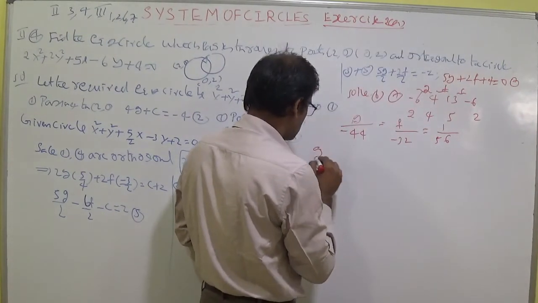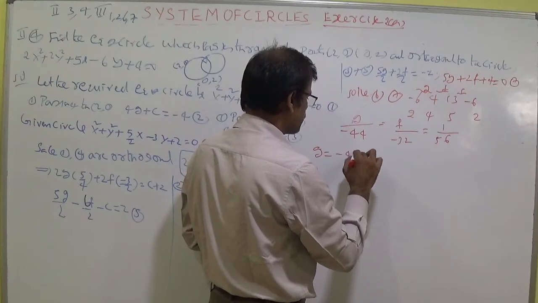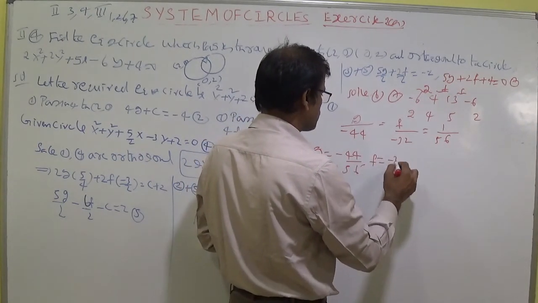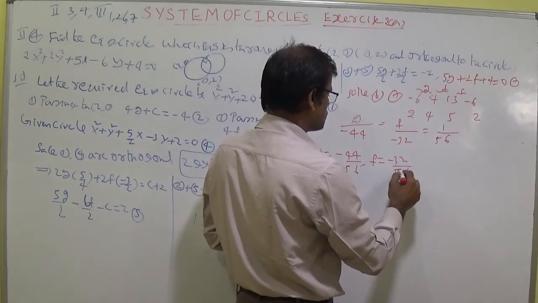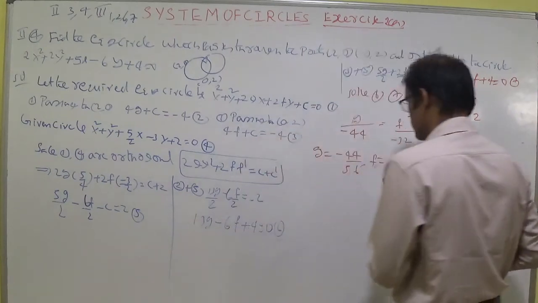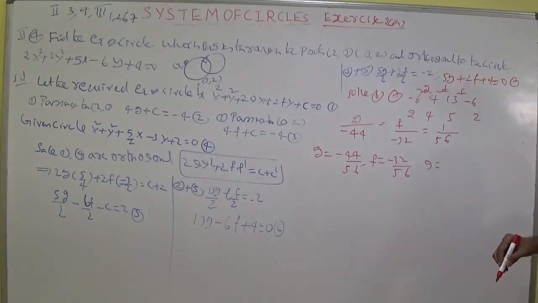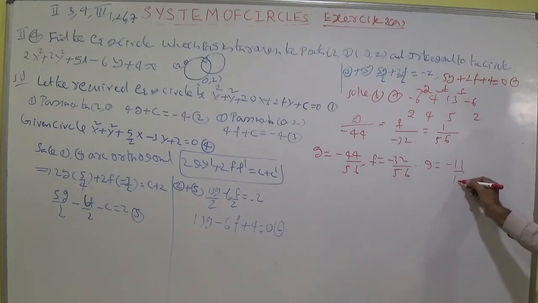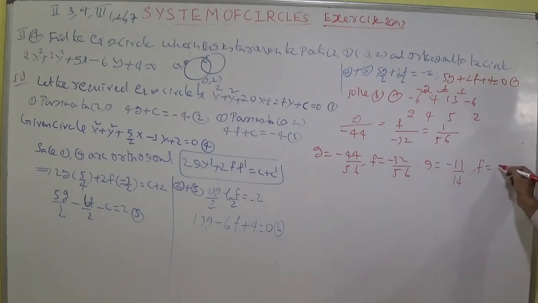Now we can write g is equal to minus 44 by 56, comma f is equal to minus 32 by 56. Therefore, g is equal to minus 22 by 28, minus 11 by 14. F is equal to minus 8 by 14.